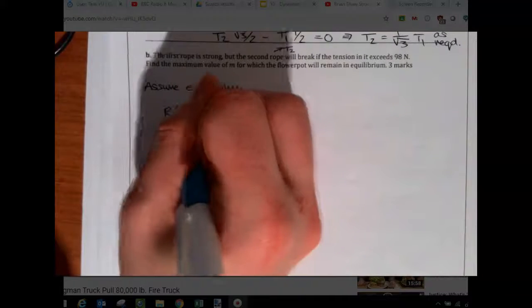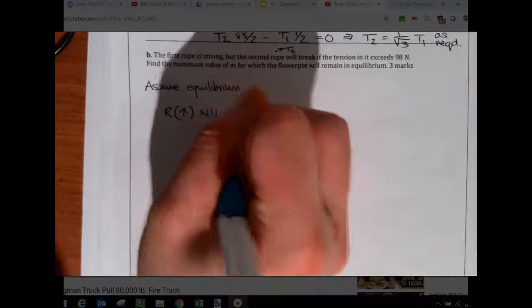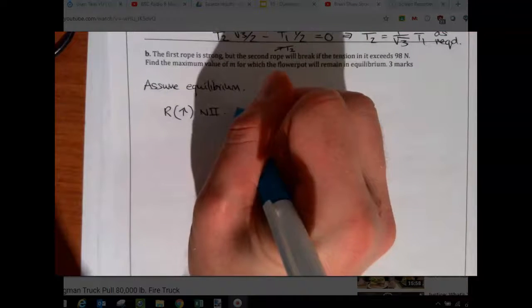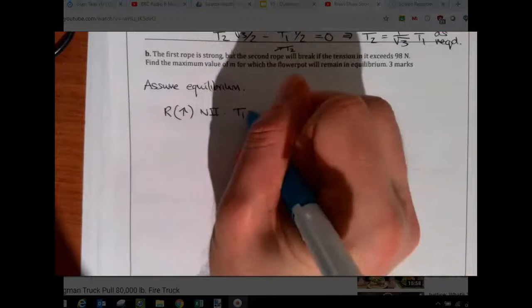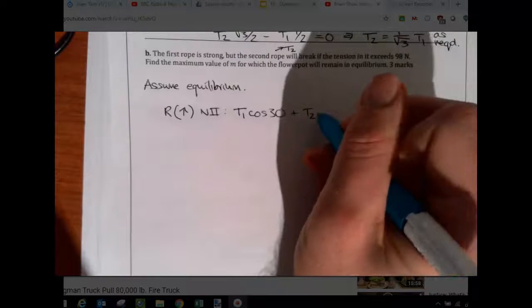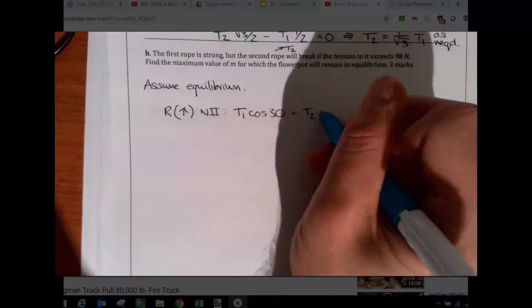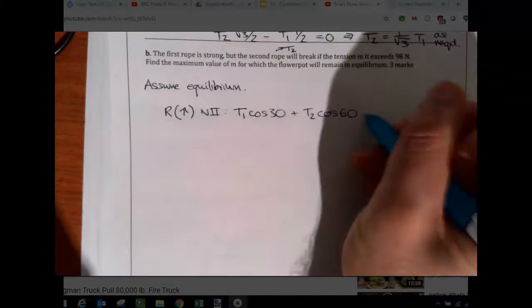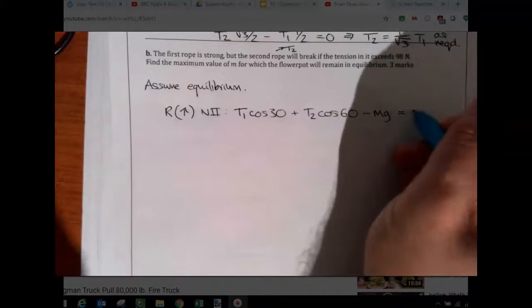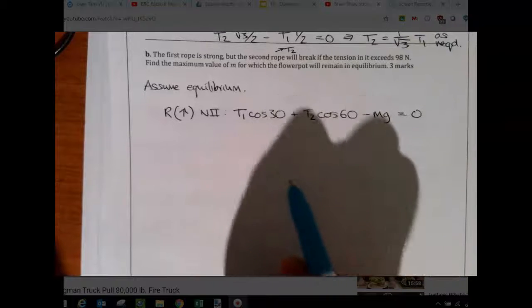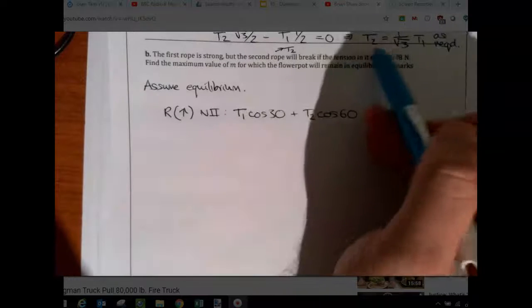I'm going to resolve vertically up with Newton's second law, and what I can see is I've got T1 cos 30 plus T2 cos 60 minus mg equals 0. And then I'm going to substitute in using my part A, and eliminate one of these.